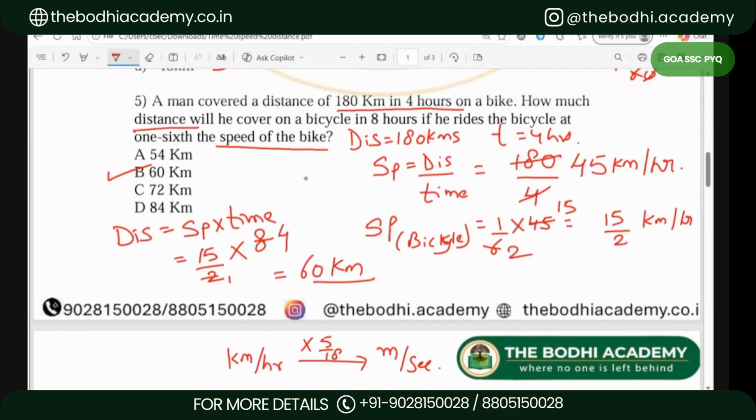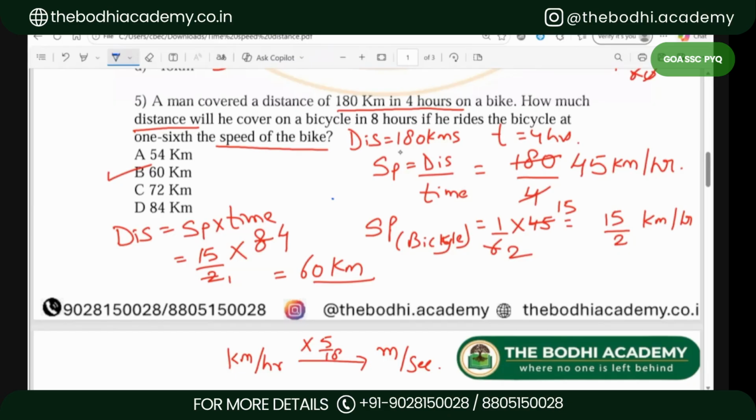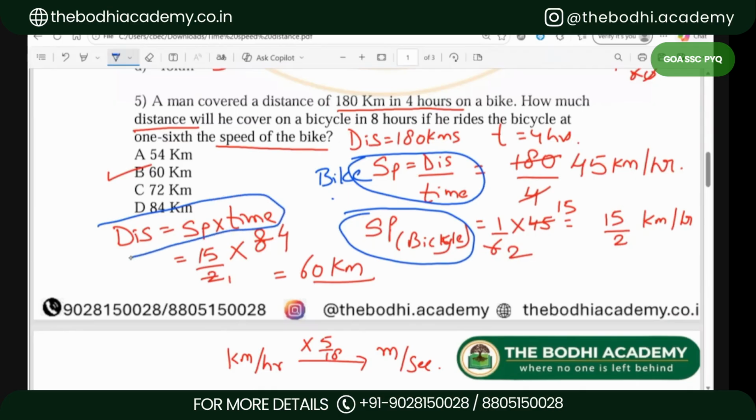First, we find the speed of the bike. After that, we find the speed of the cycle. After that, we find the distance. This question will be solved in 3 different steps, one after the other.